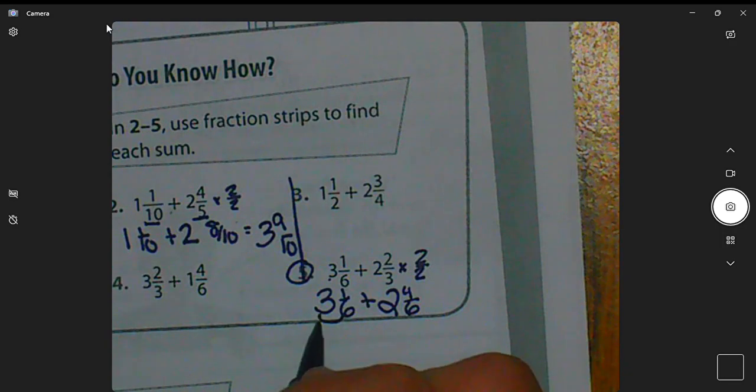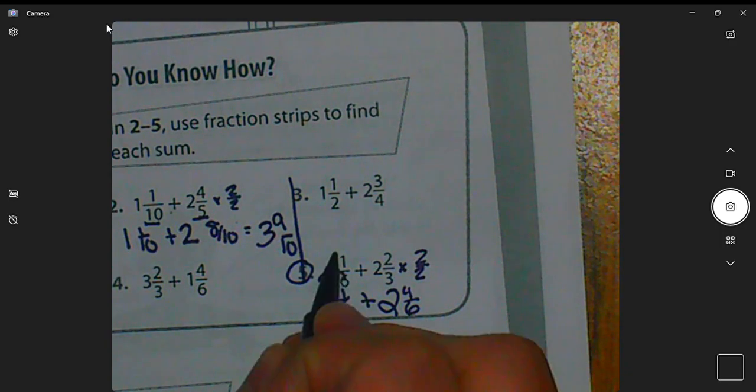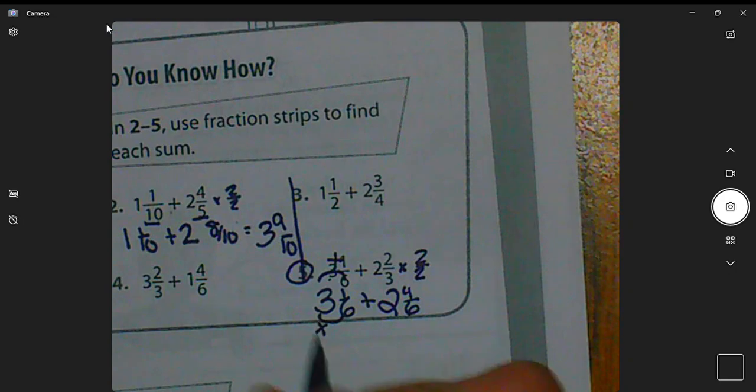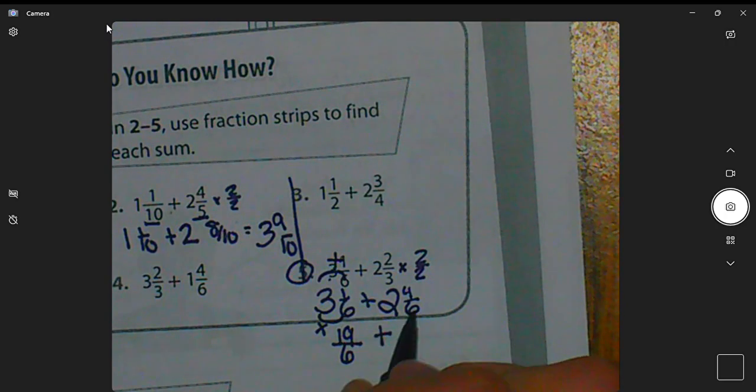So, multiply, then add. 3 times 6 is 18. 18 plus 1, 19. 19/6 plus, multiply, then add. 2 times 6 is 12. 12 plus 4, 16.